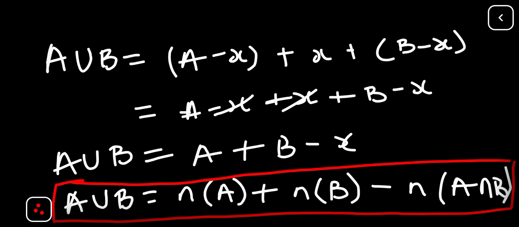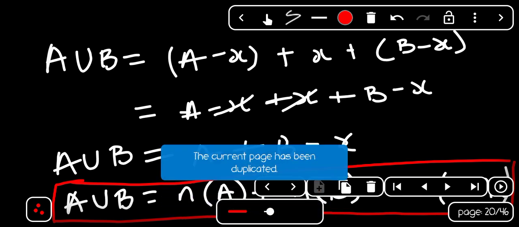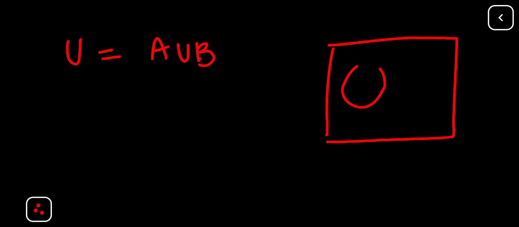Now, there's something you also need to know. Sometimes the universal set is equal to A union B. Now, this means that every aspect of the universal set is just elements in A and B. Meaning that if you have a Venn diagram where this is set A and this is set B, you're just going to have elements in maybe A union B, maybe the intersection also, but you're not going to have any other element attached to it.